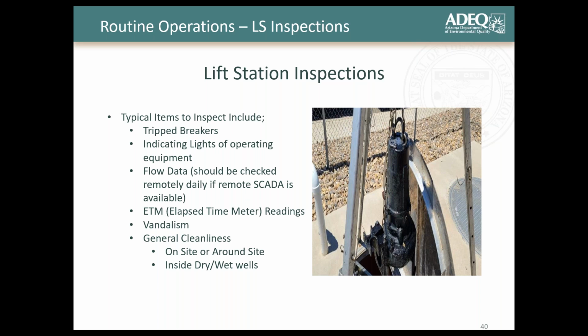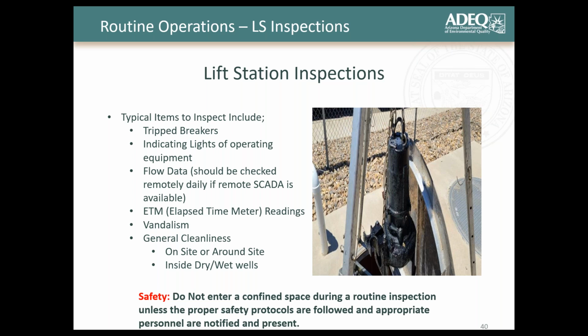Flow data is incredibly important to review in your lift station checks. Of course, depending on your SCADA systems, you should be able to see some issues remotely. But there are certain things that an operator knows when they're there, like how pumps run and how they sound. It makes a huge difference physically being on site as opposed to just remotely checking everything.